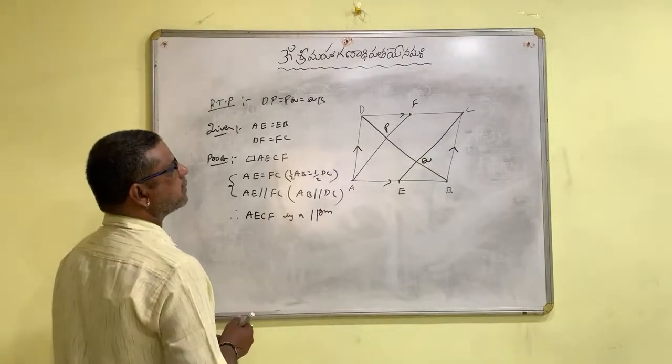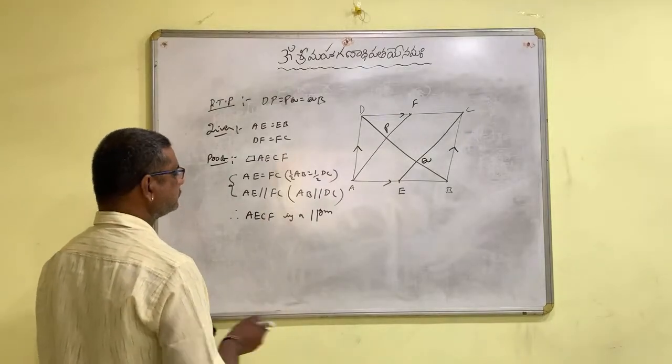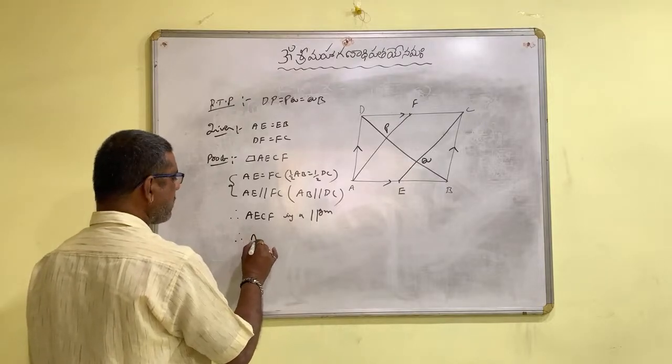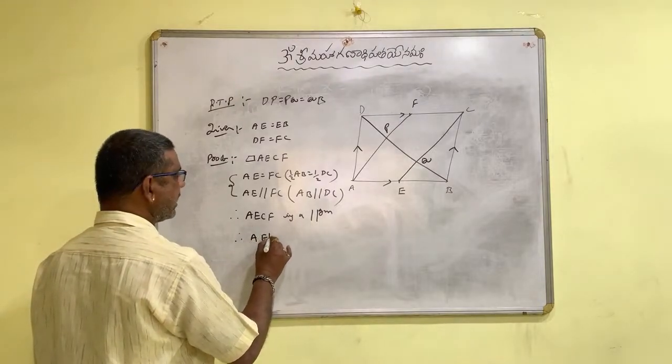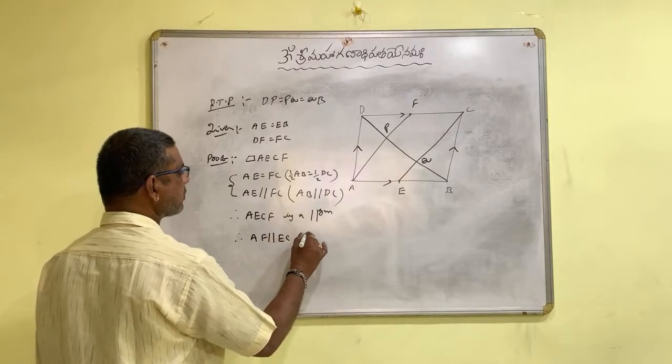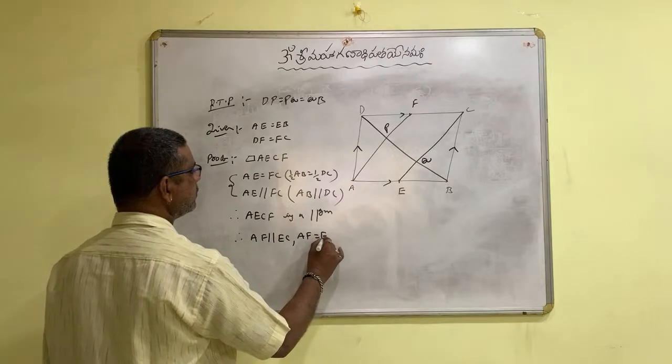AECF is a parallelogram, so we can consider AF parallel to EC. Not only that, AF is equal to EC.